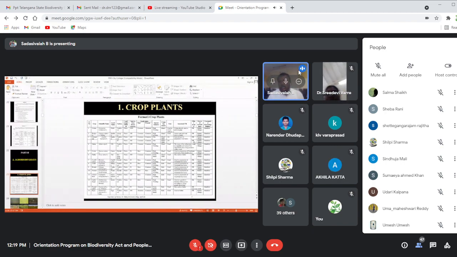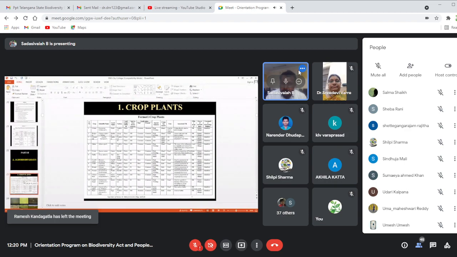You can write it also. And who is the knowledge person, who gave the knowledge to us in that village, about the particular crop. Here you should mention the name of that particular person.